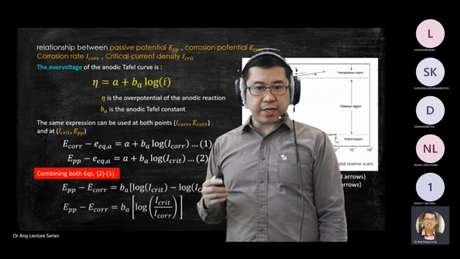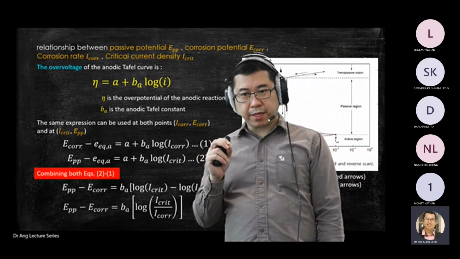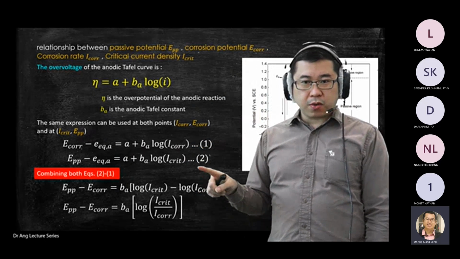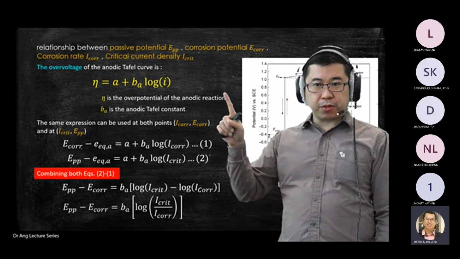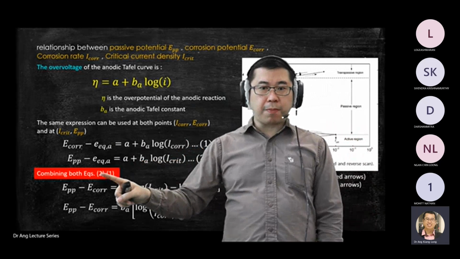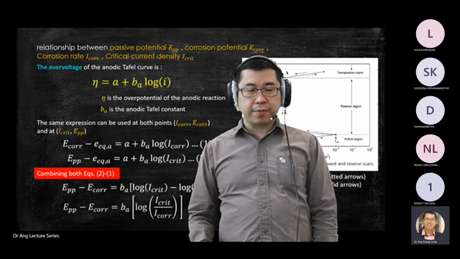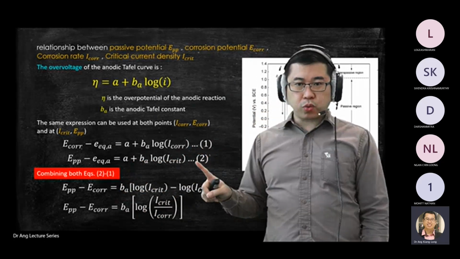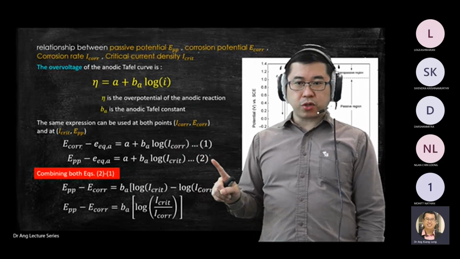What you can do is a simple mathematics strategy, where you want to find the relationship between these 4, right? From the 2 calculations, you combine both equations. How do you combine? You take equation 2 minus 1.